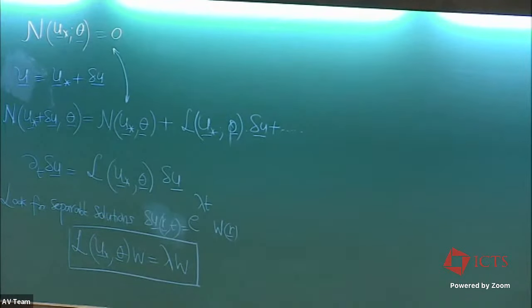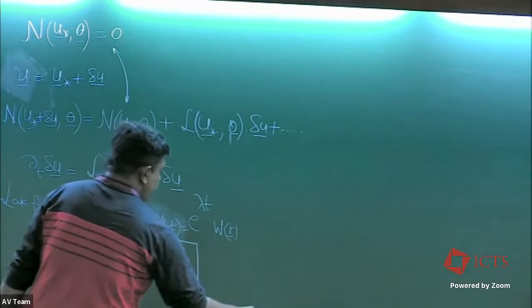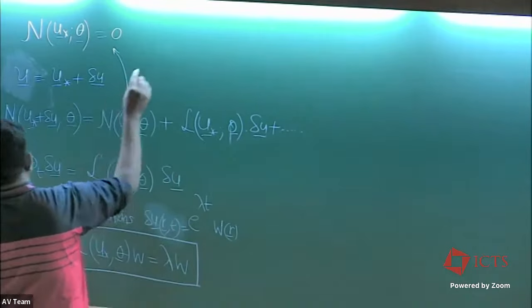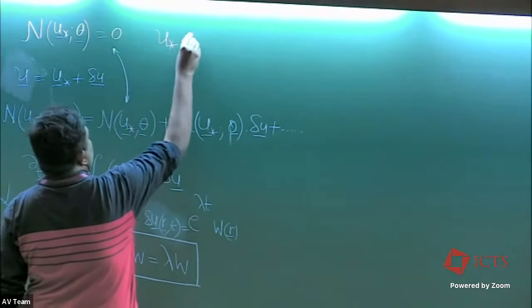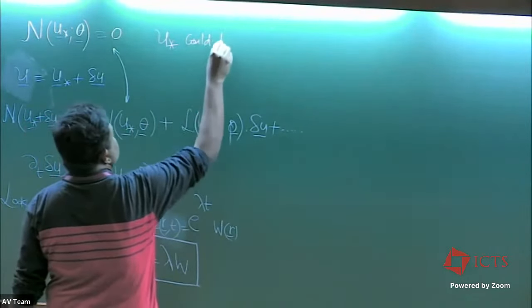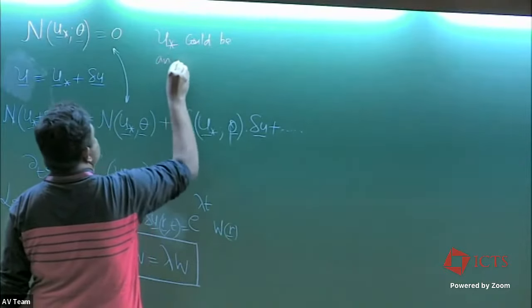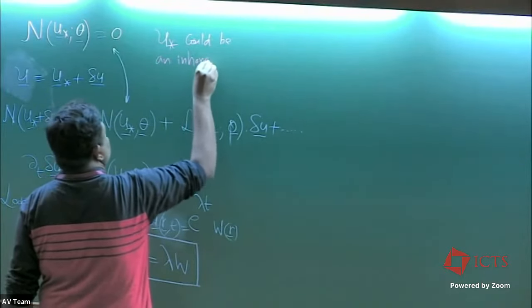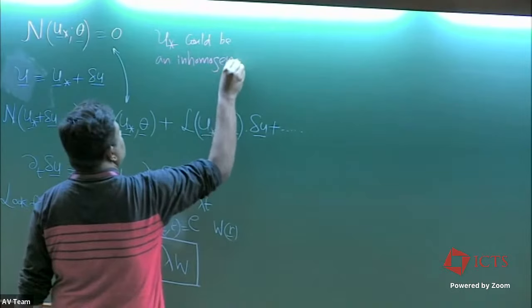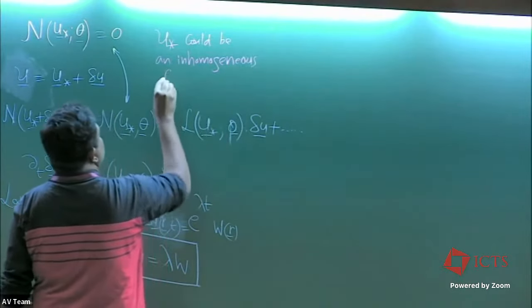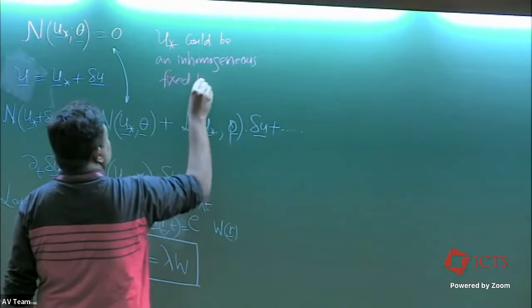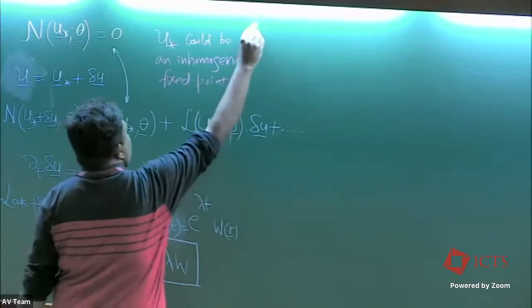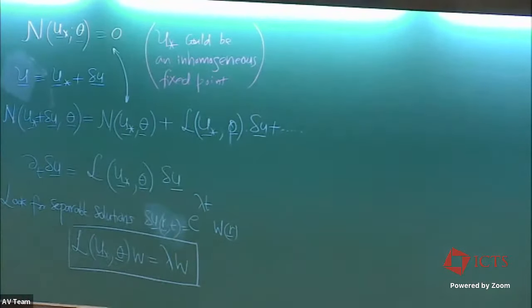Okay, now the U star, the fixed point that you found, could be an inhomogeneous fixed point. That means it could be a function of space. That is possible. I mean, highly unlikely in most cases, but there are some examples where you can find that.